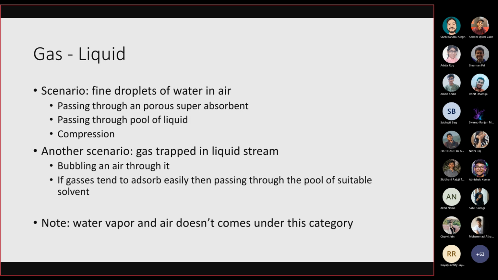Then the liquid will be transferred towards the liquid, as liquid loves liquid, and the gas will remain and come outside. Another we can use is compression. If we use high pressure, water vapor present in the water droplets can get compressed and condensed into liquid, but the gas will not be condensed.